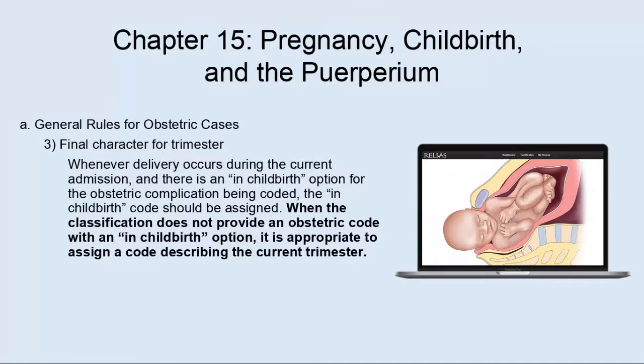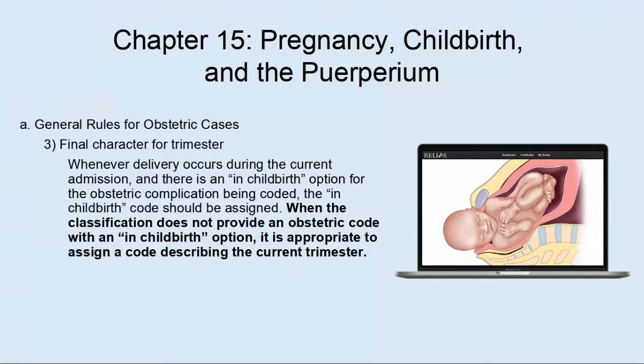Okay, changes were also made in the pregnancy, childbirth, and puerperium chapter. For example, subcategory O24.11 includes codes for first trimester, second trimester, and third trimester, but not in childbirth. So what the guideline is saying, when the classification does not provide an obstetric code with an in-childbirth option and the patient was delivered, it's appropriate to assign a code describing the current trimester.